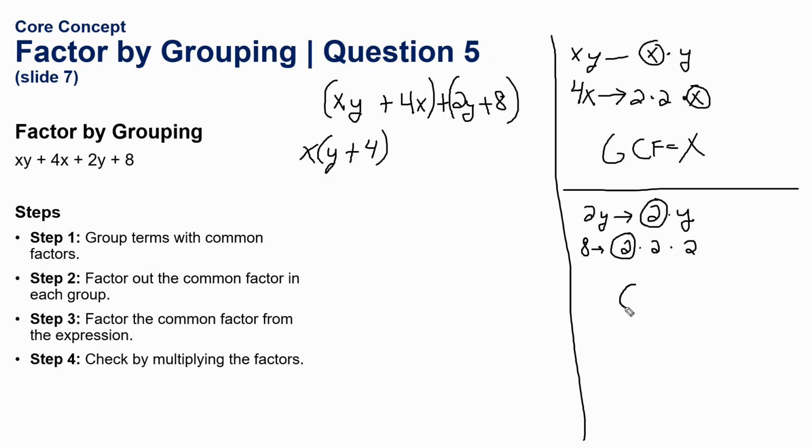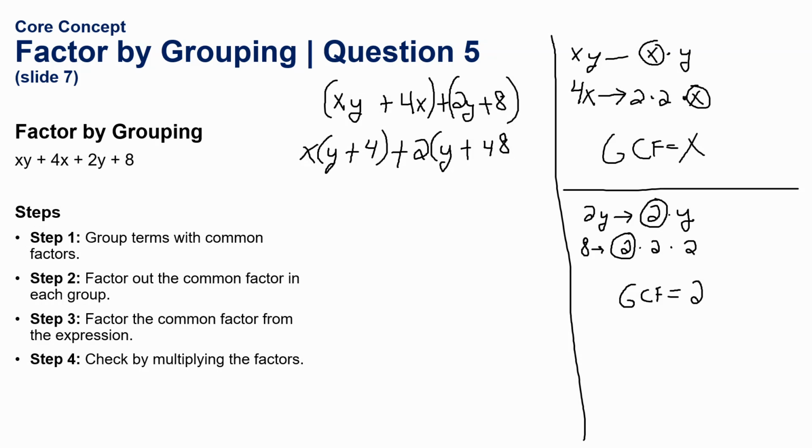So this is the greatest common factor then for 2y and 8 is a number 2. That then goes on the outside of the parentheses, 2. And what goes on the inside is y plus, so 2 times y is 2y. And then 2 times 4 is 8.